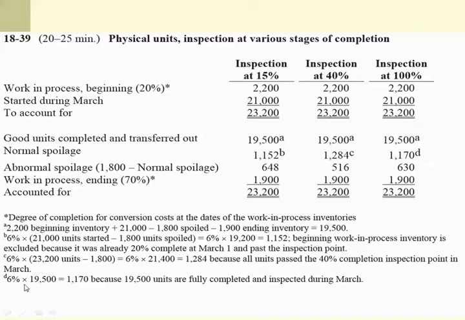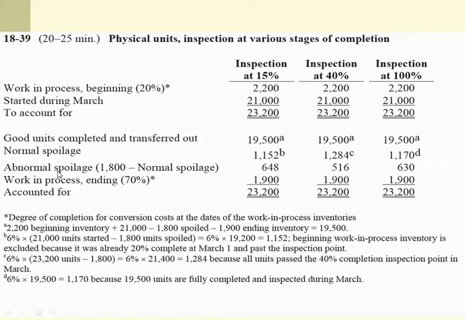Normal spoilage calculated as 6% multiplied by 19,500 equals 1,170, because 19,500 units are fully completed and inspected during March, so normal spoilage equals 1,170.